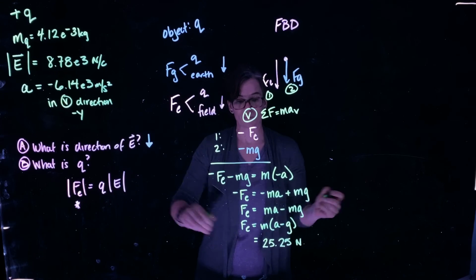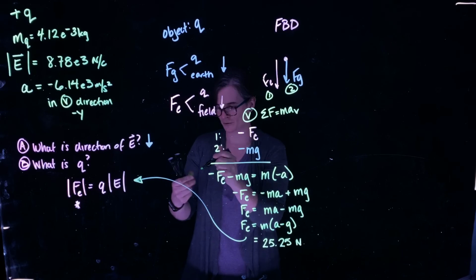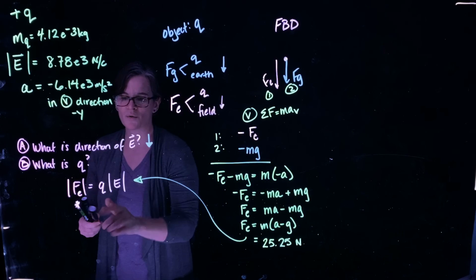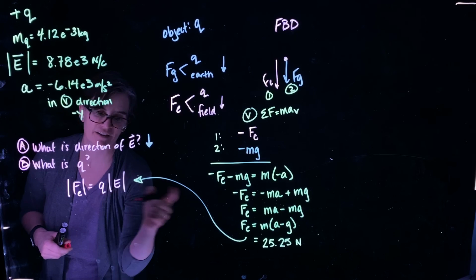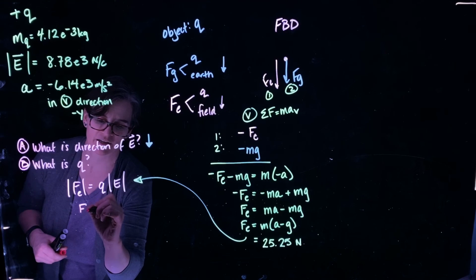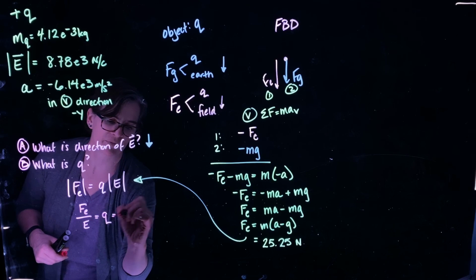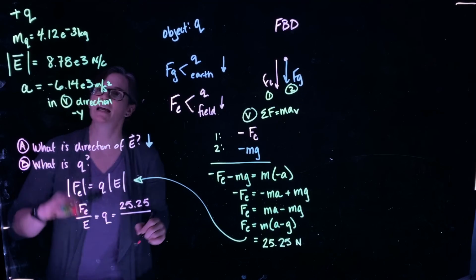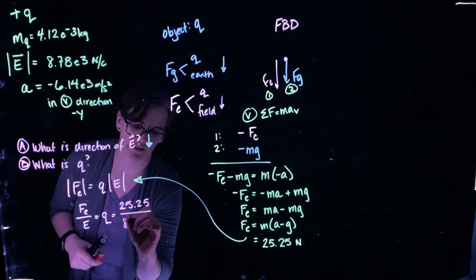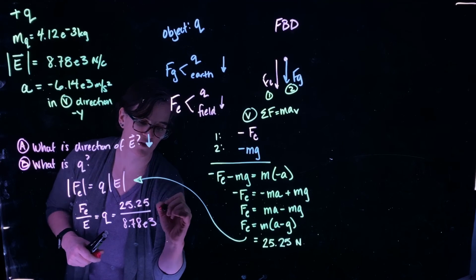So what do I do with that information? Well, we were going to use that to determine my value for Q. So if I wanted to figure out what Q is, I divide both sides by that electric field. It's going to give me Q. So 25.25 is my force divided by my electric field, which is 8.78 times 10 to the third.